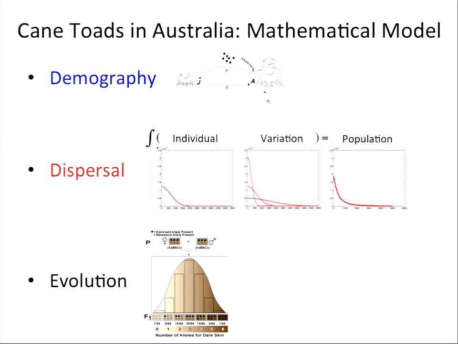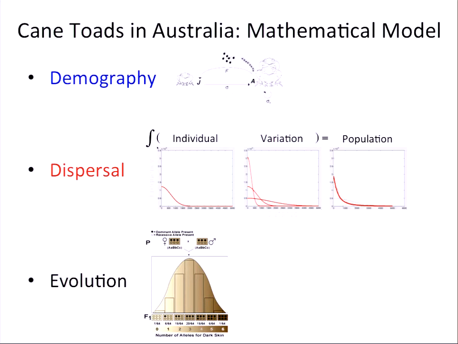But what we did is we actually measured variation in individual toad movement and fit different kernels to different toads. And then we have a distribution of movement in different toads, which comes up with a much different looking population level dispersal kernel.